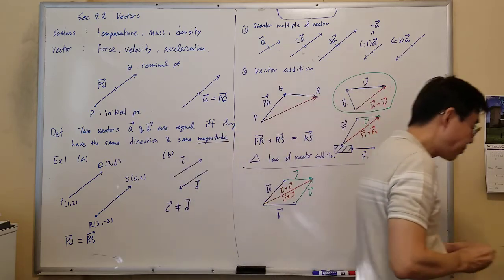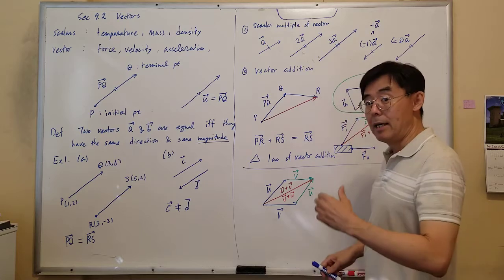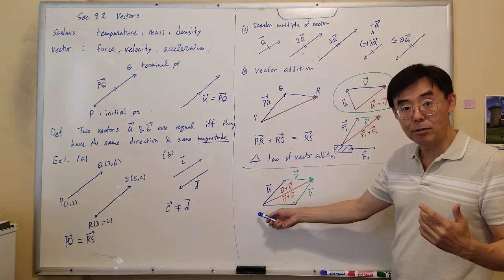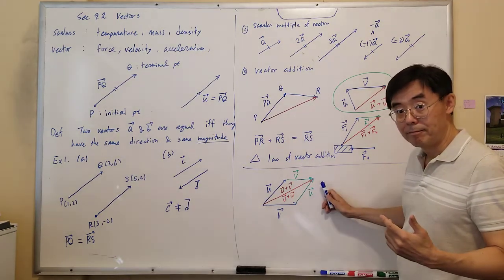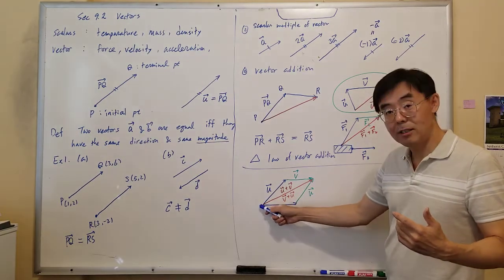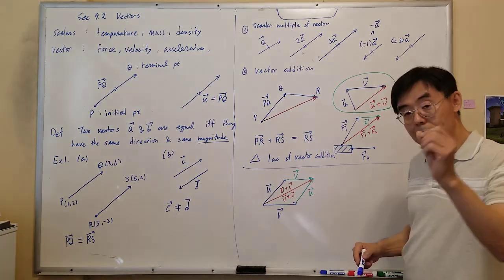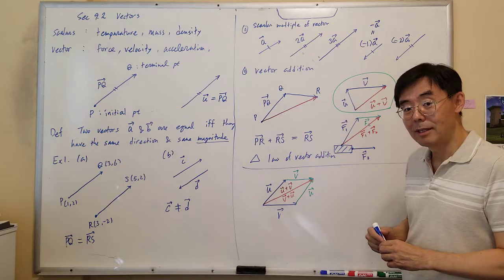Okay? So in the end, what we need to learn here is that if two vectors are drawn from the same initial point, you just draw a parallelogram out of it. Then the diagonal from the common initial point to the opposite point, that diagonal vector will give you the sum of the two vectors.